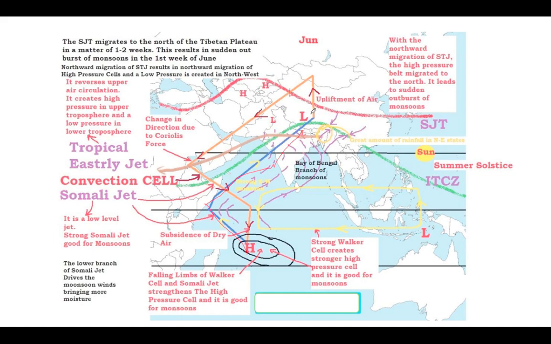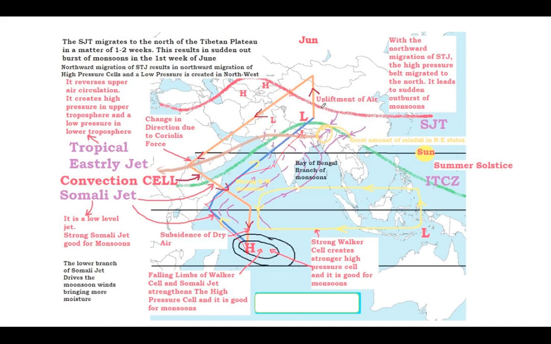and it will result in heavy rainfall in India. One more thing, there are some research papers which show that if there is more snowfall, more snow cover over the Tibetan plateau, in that case TEJ will become weak and there will be less rainfall in that region, even the entire India you can say.